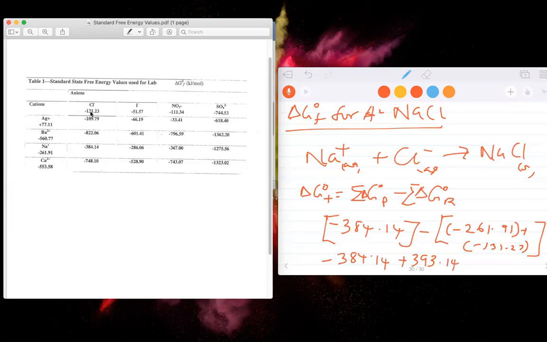So it's just going to be minus 384.14, and I have 9, positive 9.